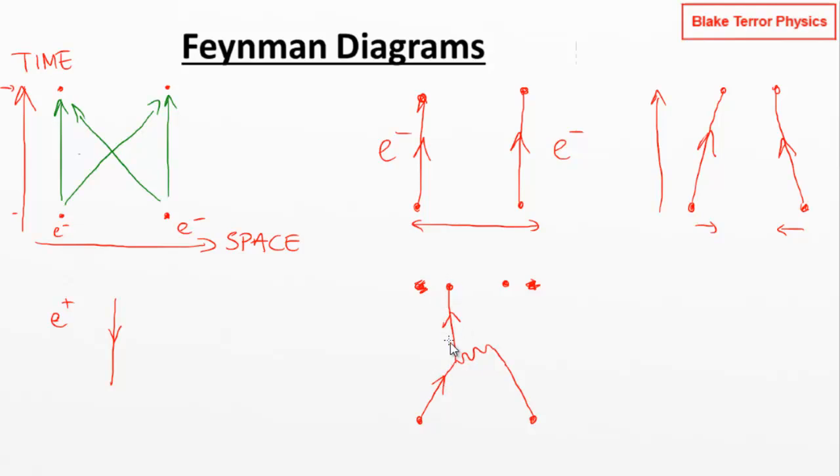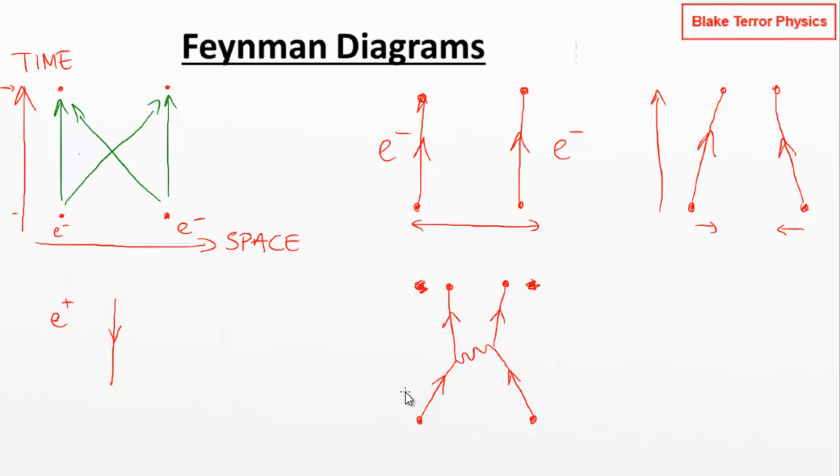It's got a different angled line, and then that photon is absorbed by the other electron, which changes its momentum and velocity. So they've interacted in such fashion.